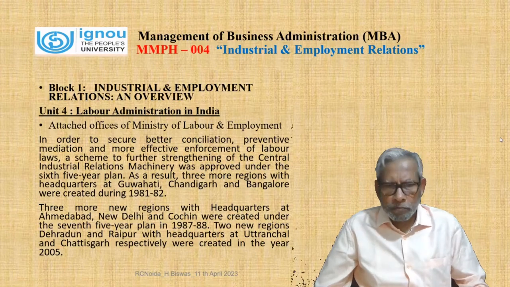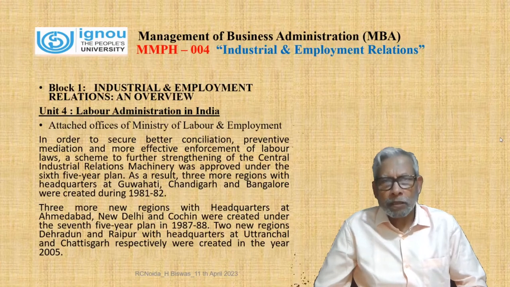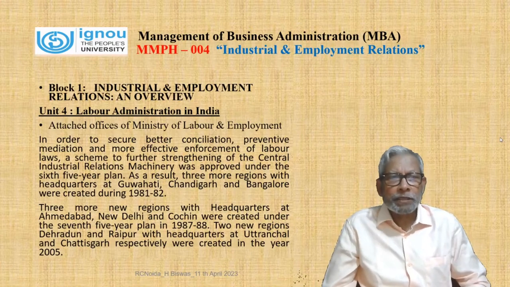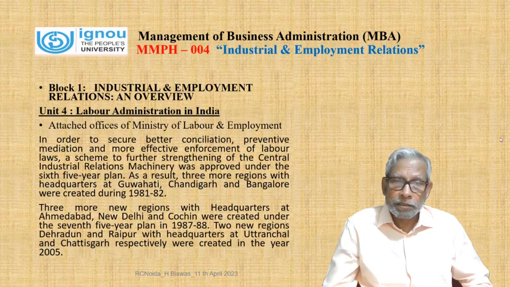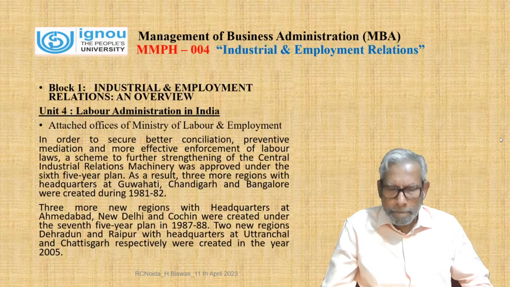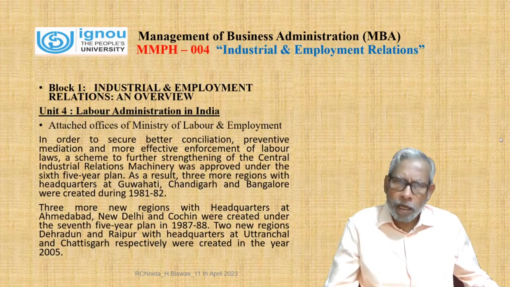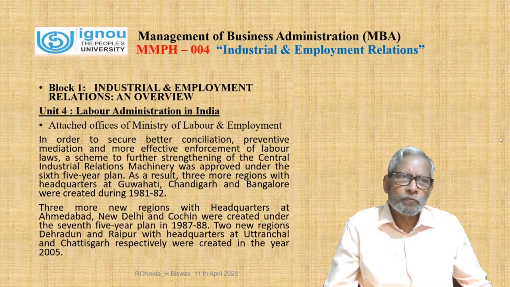And in 2005, Uttaranchal and Chhattisgarh, those two, one of which is Dehradun, were also created. So all these were created, and again I am repeating, for the purpose of strengthening the industrial relations. This is basically the history of how it happened and who is responsible. That's why we are discussing unit number 4.